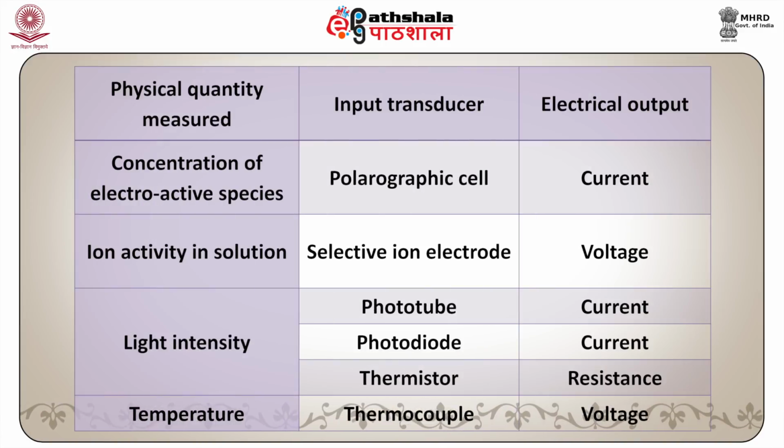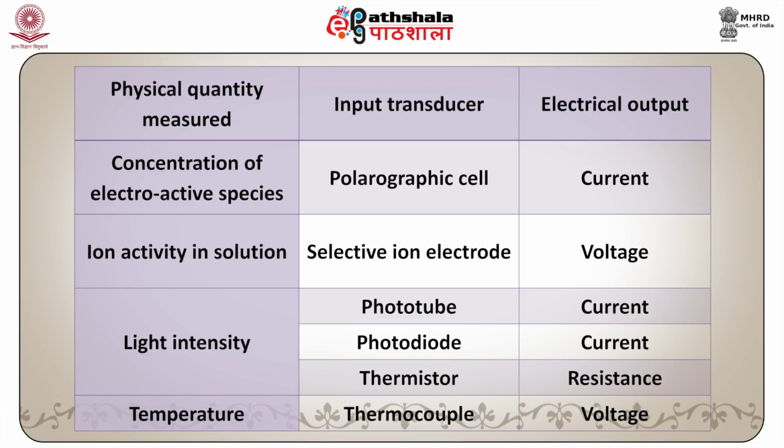We can see some input transducers. Physical quantity to be measured: concentration of electroactive species; input transducer: polarographic cell; electrical output: current. In case of ion activity in solution, the input transducer will be a selective ion electrode and the electrical output would be voltage.